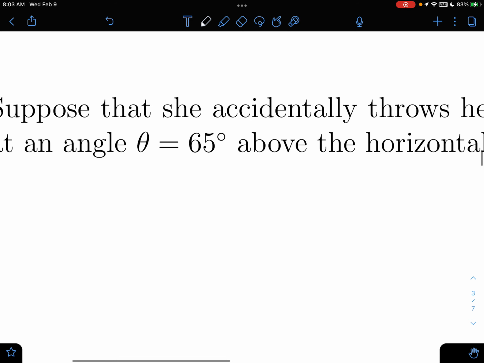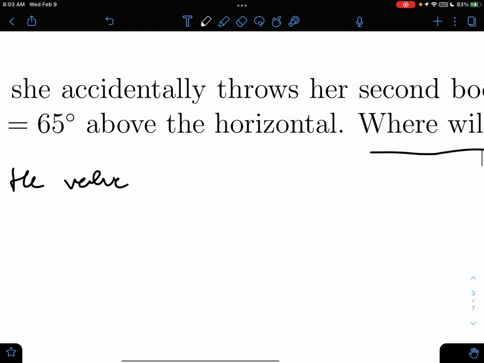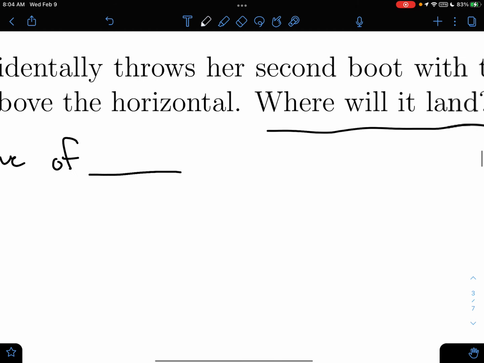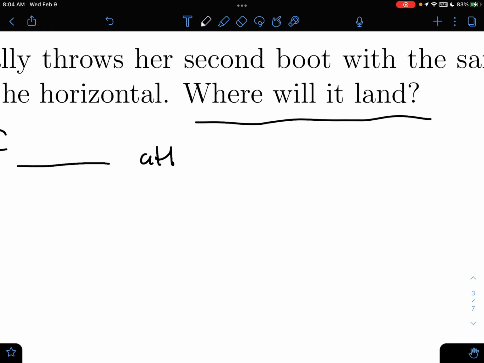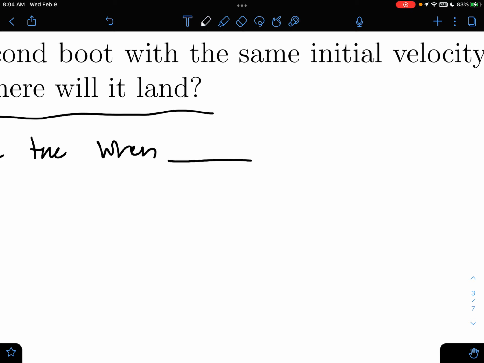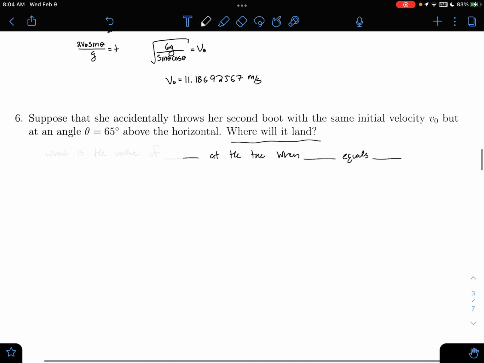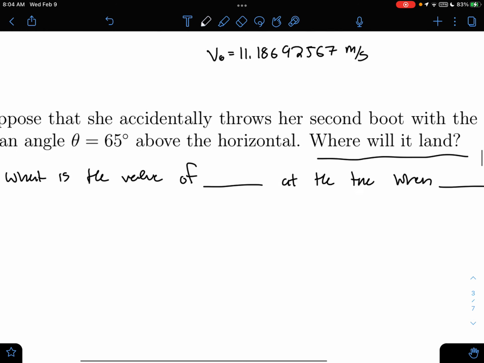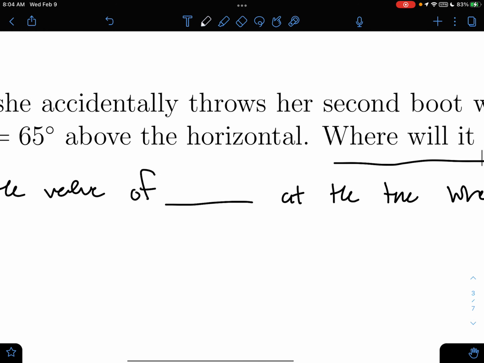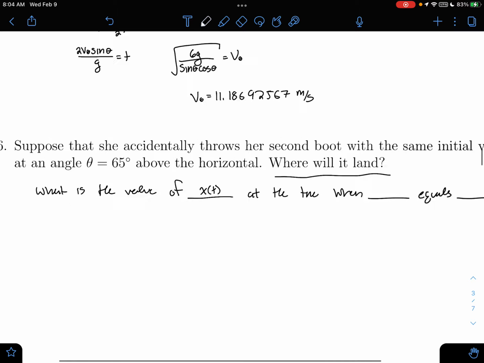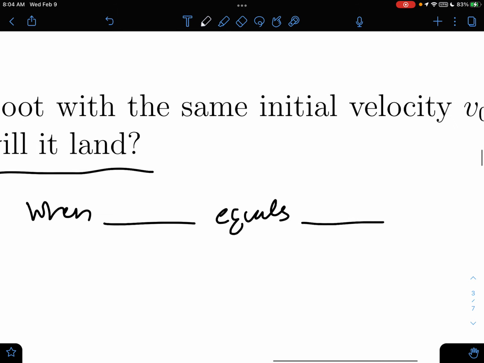So again, what is the value of x at the time when y equals 0? That's where it will land.